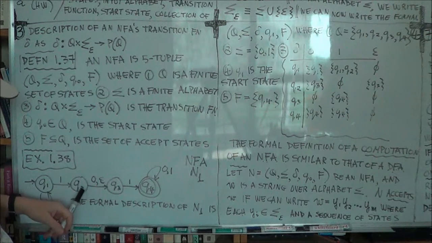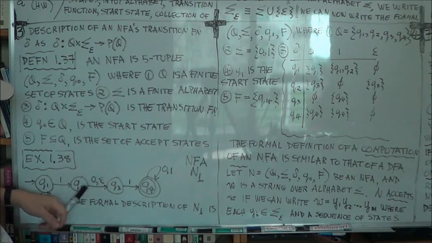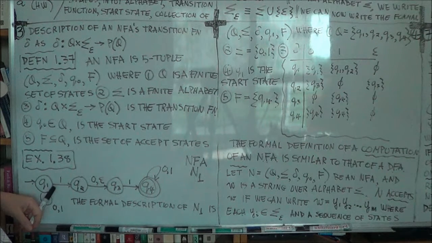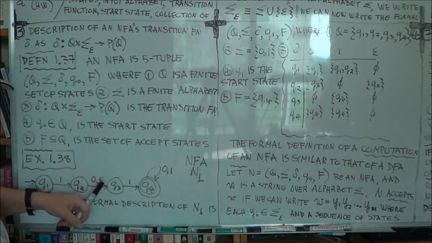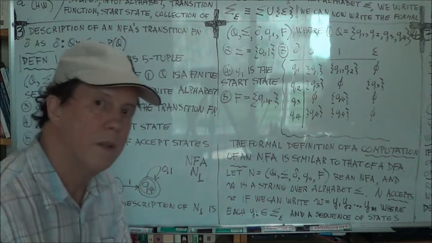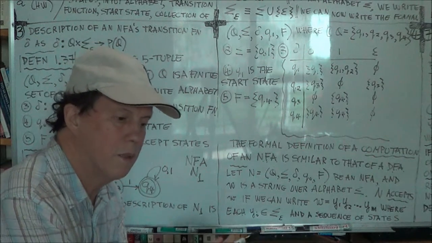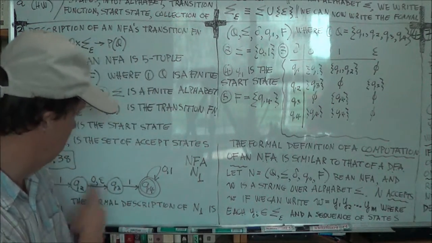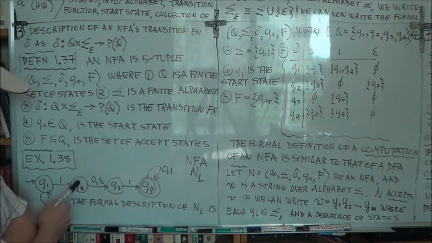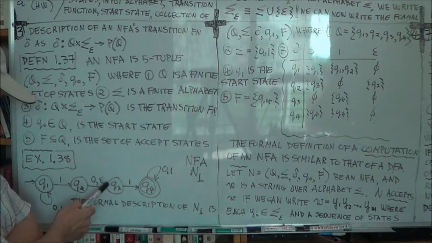Now Q1 and eta. How does that work? Because now with an eta, you don't wait. Remember, it's a bit tricky with the eta. You don't wait to read the next input symbol. You just make the transition immediately. And so let's see what happens then.